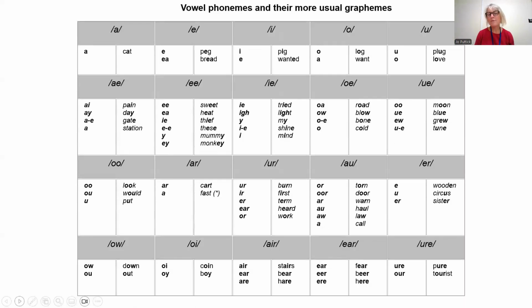We also have vowel sounds or vowel phonemes. These are often easier to pronounce. However, many of these have several different representations using different combinations of letters from the alphabet.